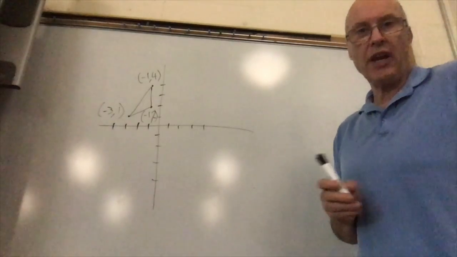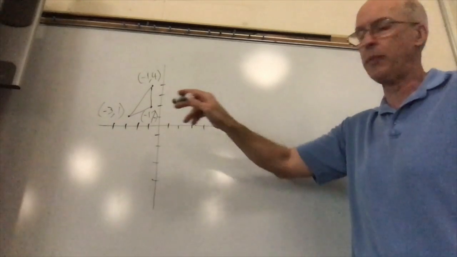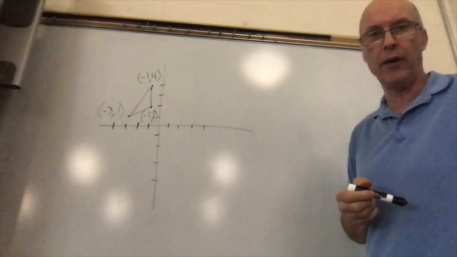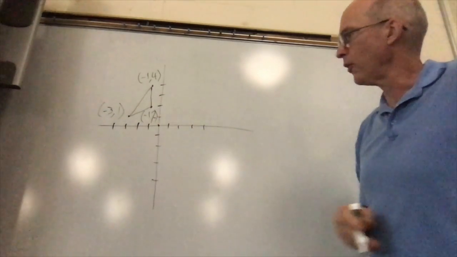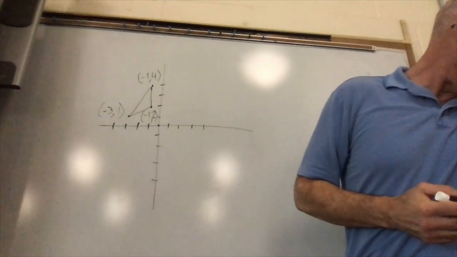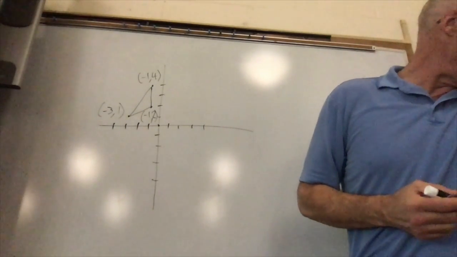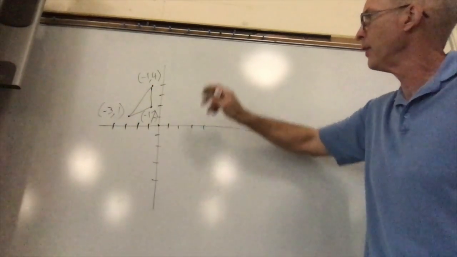If we want to do a rotation, it's just a bit more complicated because it depends on how far you rotate it, and it also depends on what point you're rotating it around. Let's say that we're rotating around the origin, and the book gives you a couple examples on page 70. We'll do a 90-degree rotation counterclockwise, so this direction.